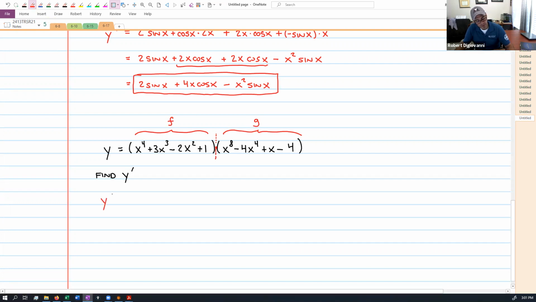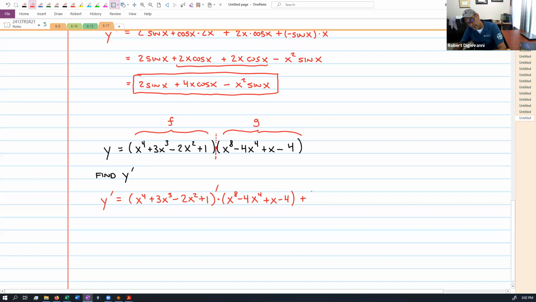So the product rule says I want to do the derivative of this times this plus the derivative of this times this. I'm going to write that down. I need to take the first one, take its derivative, then multiply that times the second one without taking the derivative.